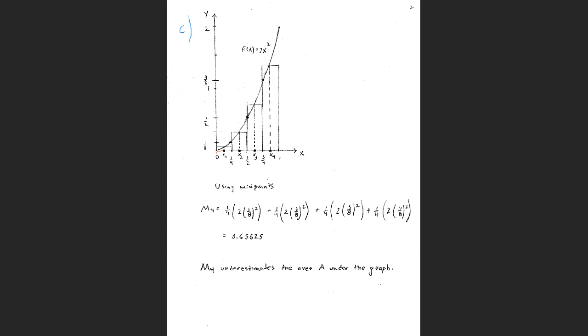Okay, so now the first interval goes from 0 to a fourth, first subinterval, right? There it is. But I'm going to use the midpoint between 0 and a fourth. The midpoint is that x1 there.